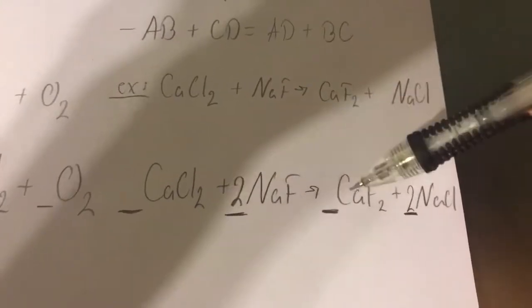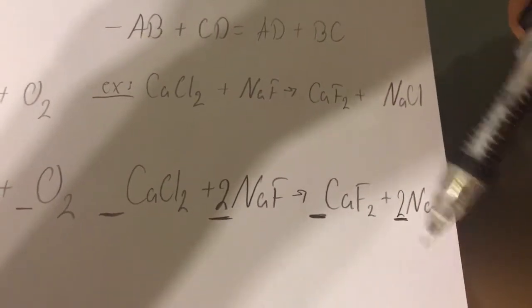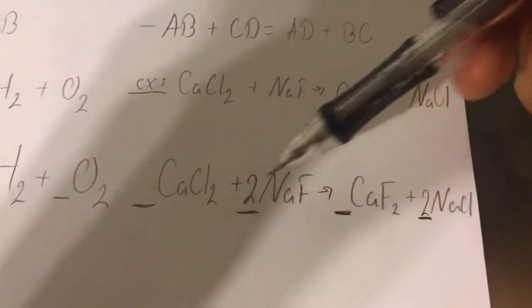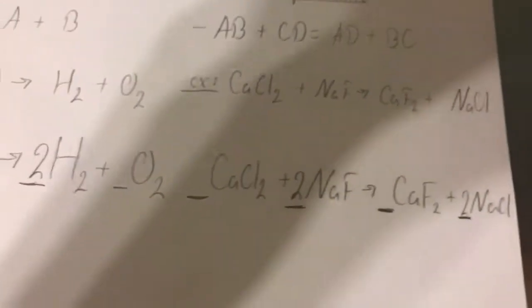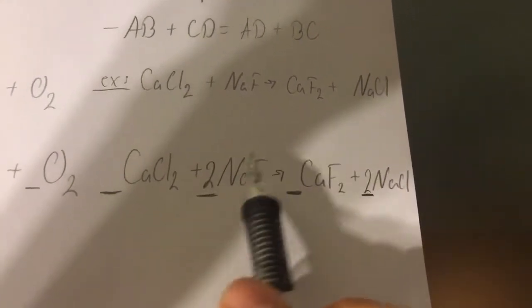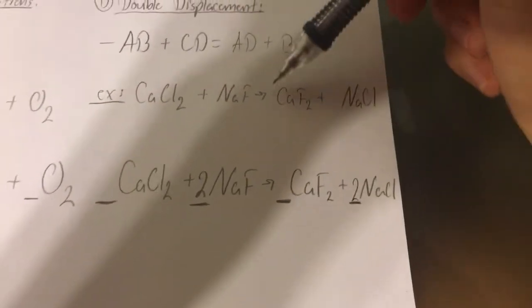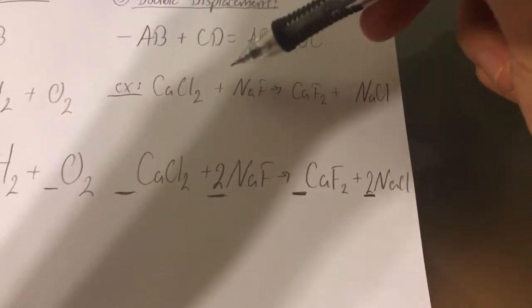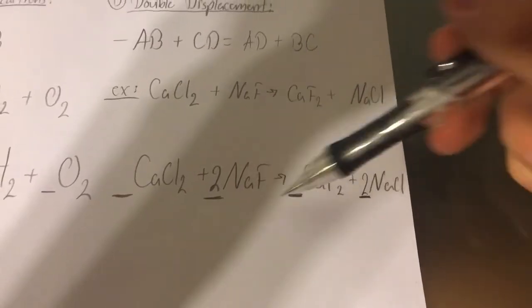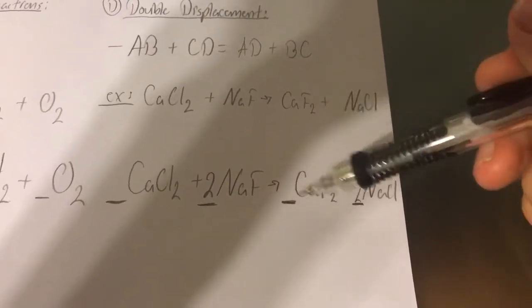1, 2, 1, 2. Okay. If you don't really get balancing, all you are doing is looking to see how many of each element is on one side and then seeing if there's the same amount on the other side. Since we didn't have the same amount on this side for fluorine or chlorine, we have to fix it here.